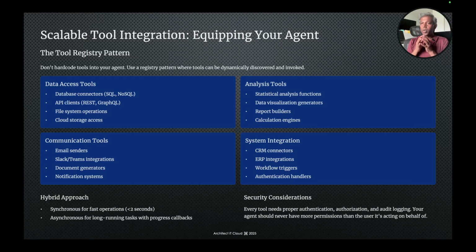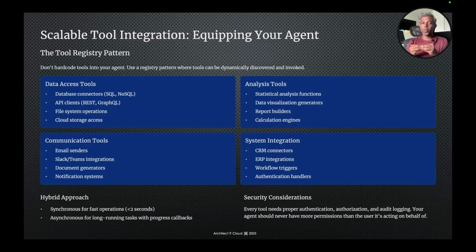Your AI agent must also have analysis tools. After retrieving the data from data sources, it must have the analyzing capacity to do statistical analysis, generate data visualizations, build reports, and calculate information.